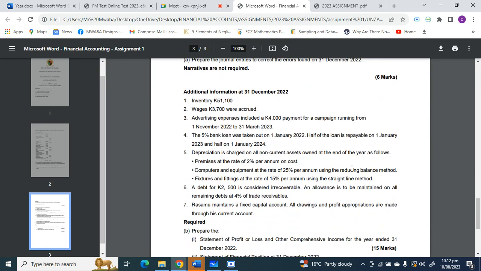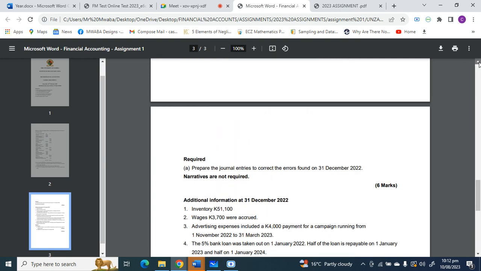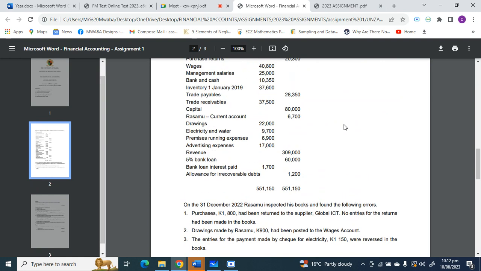Okay, the next one says the 5% bank loan was taken out on 1st January 2022. Half of the loan is repayable on 1st January 2023, the rest on 1st January 2024. Now, since this loan is repayable in 2023, and we are only dealing with 2022, there will be no adjustment that you need to make. This loan has already been recorded here in the trial balance.